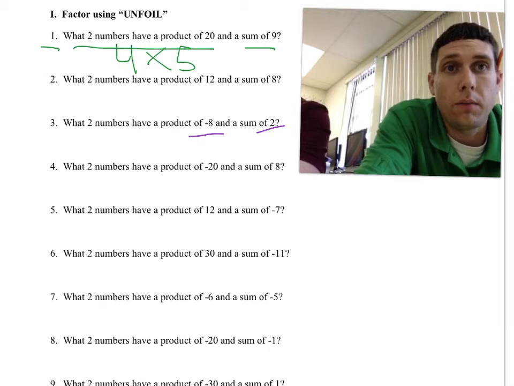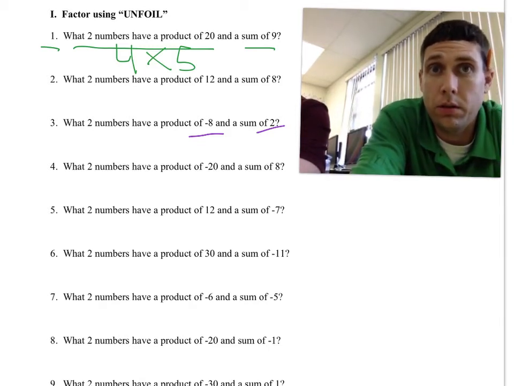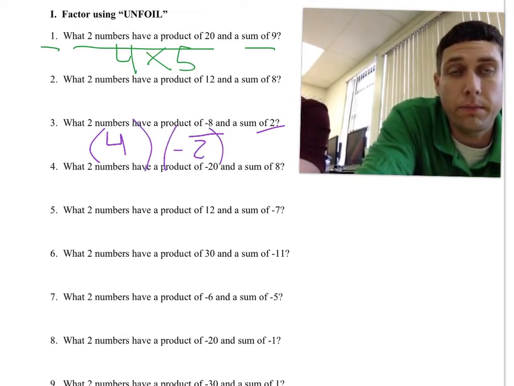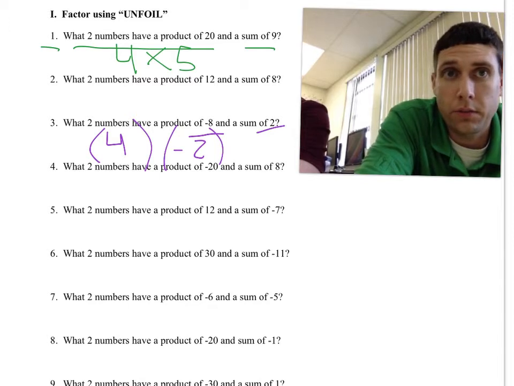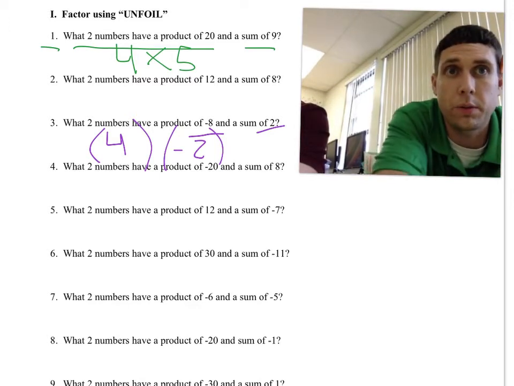So 4 and negative 2: 4 times negative 2 gives me negative 8, and 4 plus negative 2 gives me a positive 2. Those are the two numbers we need.